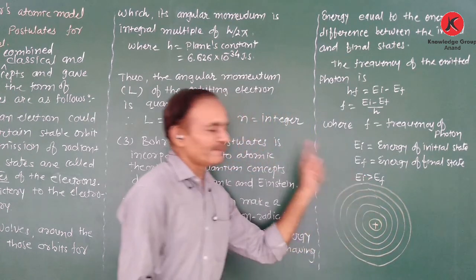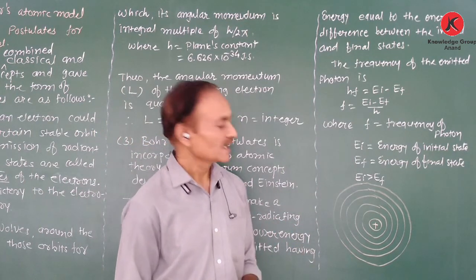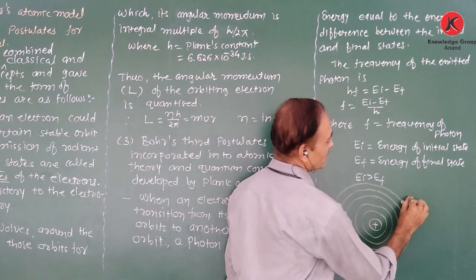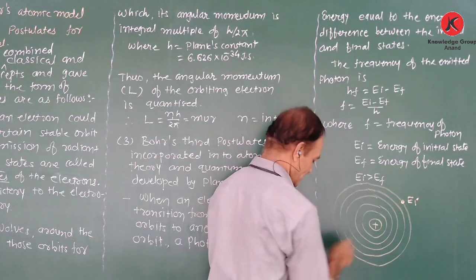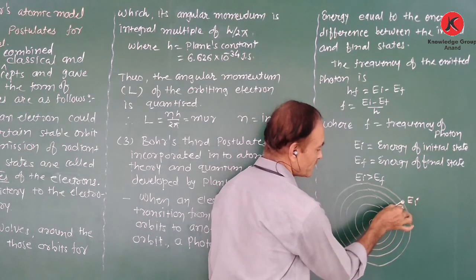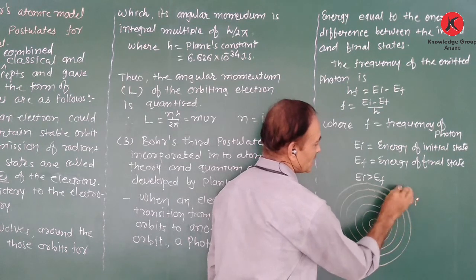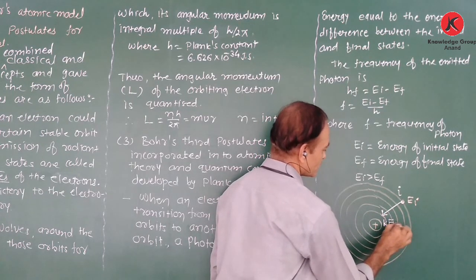As we go away from the nucleus, the energy of the electron increases. Suppose the electron revolves in this orbit, having energy Ei. It makes a transition from a higher energy orbit to a lower energy orbit, the final orbit having energy Ef.